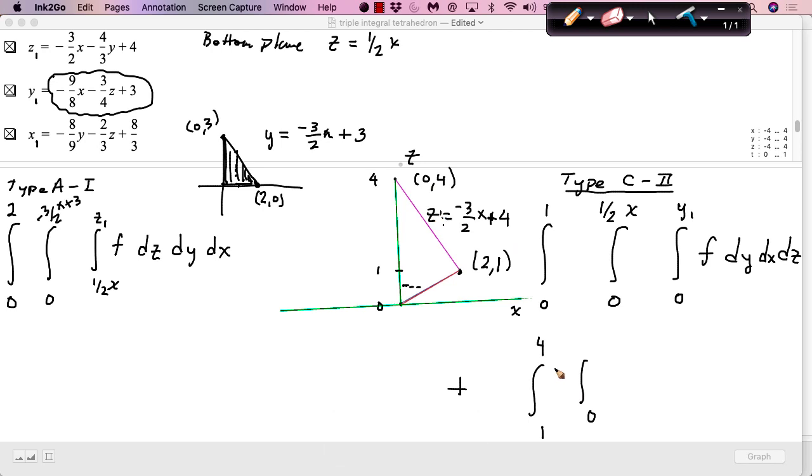So when z is from 1 to 4, this is just a double integral now. So when z is from 1 to 4, x goes from 0 to negative 3 halves x plus 4. Did I do the math right?